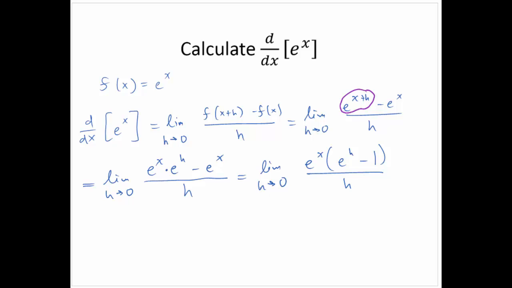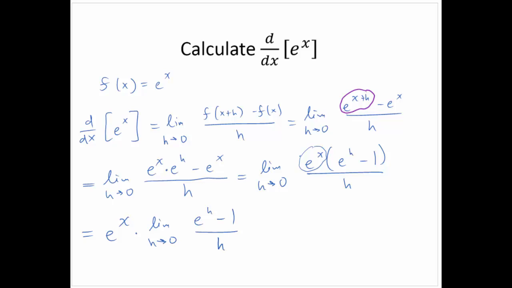Since my limit is in terms of h, and e to the x is not dependent on h, I'm allowed to bring that outside the limit. And so this becomes e to the x times the limit as h approaches 0 of e to the h minus 1 over h.